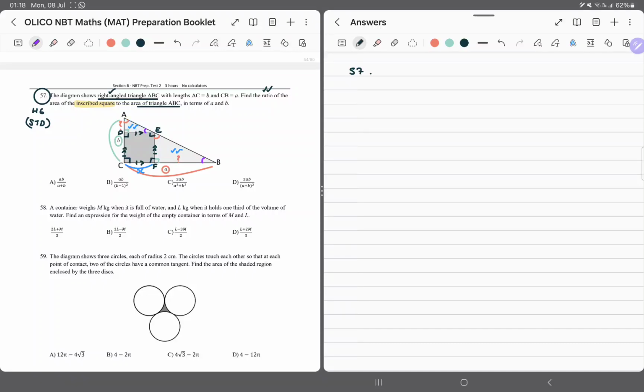So we can use the issue of similar triangles because, well, the proportionality theorem could work, but I'm not too sure how. But from what I can see here, similarity of these two triangles would work in our favor to try and figure out what could be this side, essentially, and against this side.